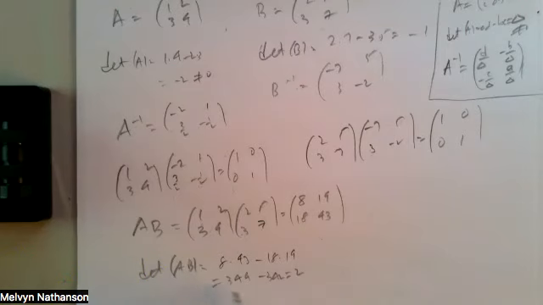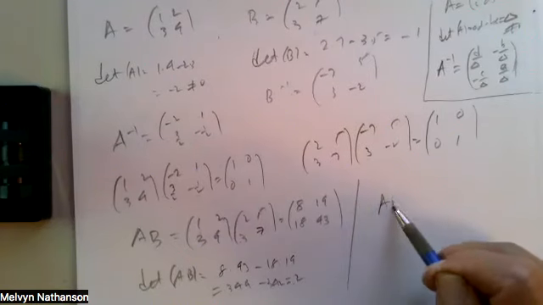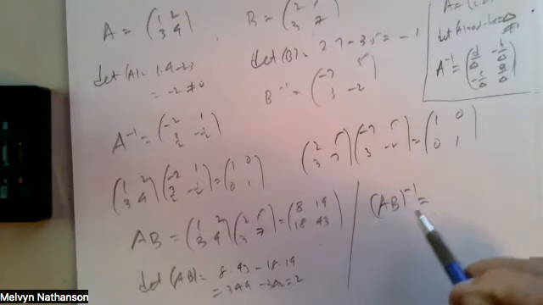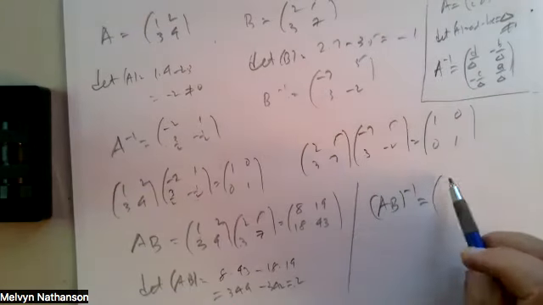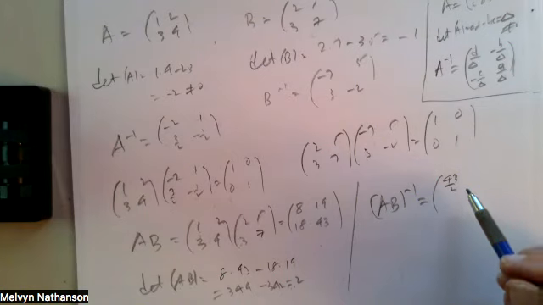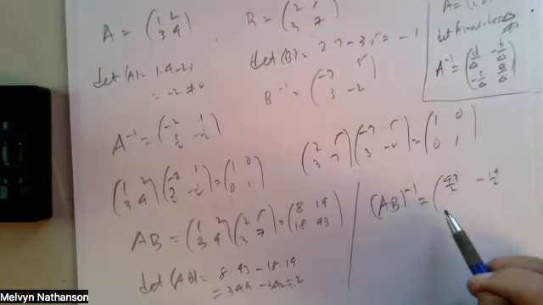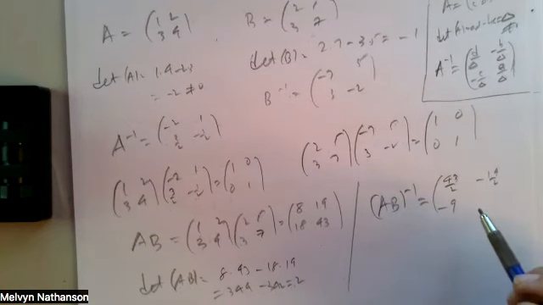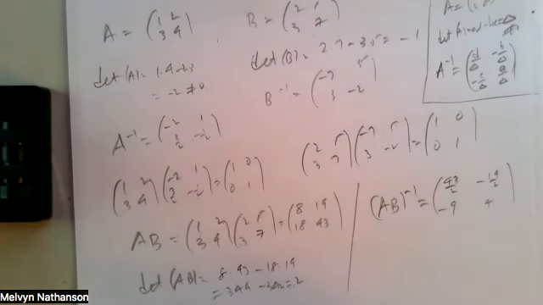So the determinant of AB is 2. So AB inverse is, by this formula, 43 over 2, minus 19 over 2, minus 18 over 2, which is 9, and 8 over 2, which is 4.